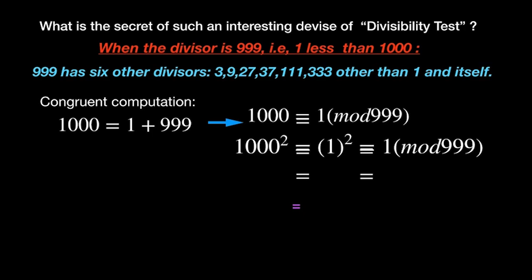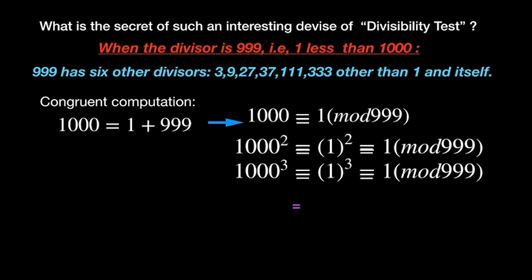Then 1000 square congruent 1 square, that is 1 mod 999, and in this way 1000 cube is also 1 cube, that is 1 mod 999. So all powers of 1000 will give the remainder 1.